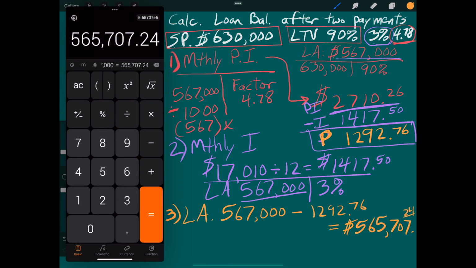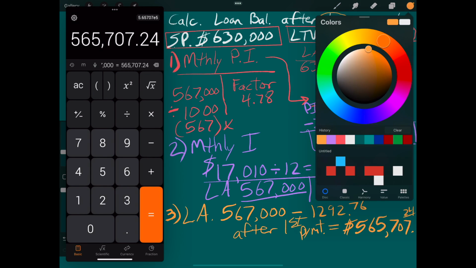Now, the next step, because the question said this, what's the loan balance after 2 payments? We've calculated the loan balance after 1 payment, or after the first payment. Now, we've got to calculate it after the second payment.